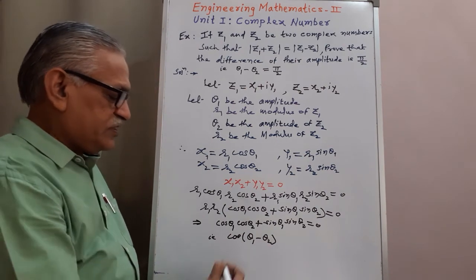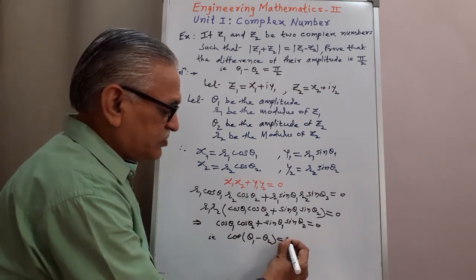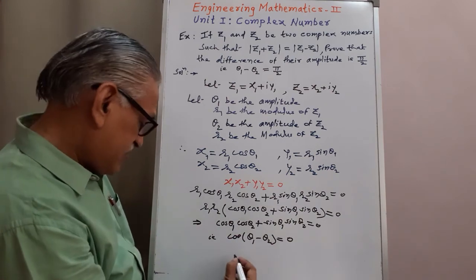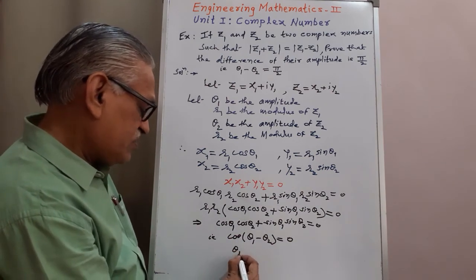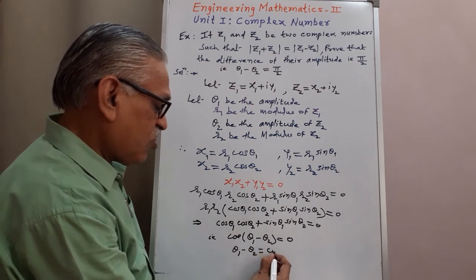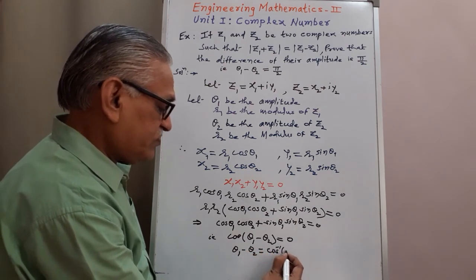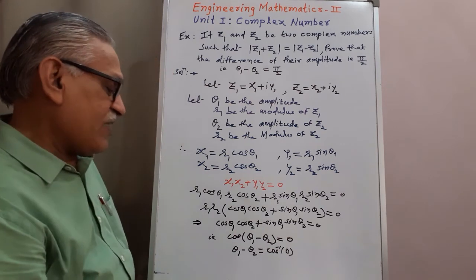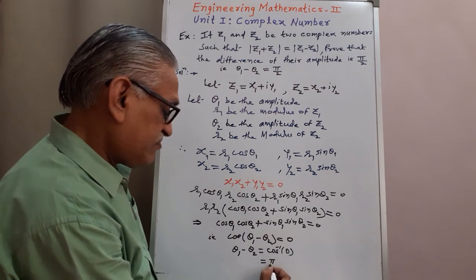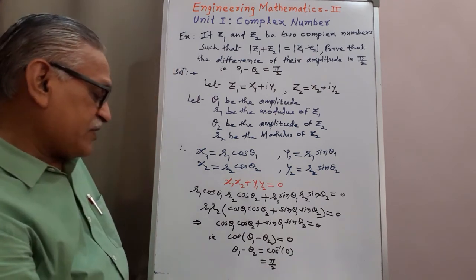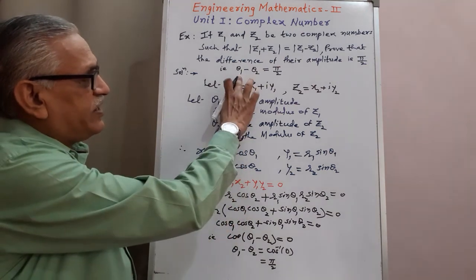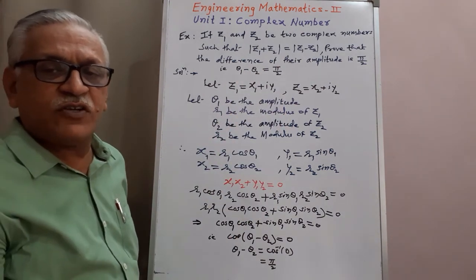Therefore, it is cos of theta 1 minus theta 2 is equal to 0. Transferring cos to the other side, it gives theta 1 minus theta 2 is equal to cos inverse of 0. And the value of cos inverse of 0 is pi by 2. And that is the required result. We get the difference of their amplitudes as pi by 2.